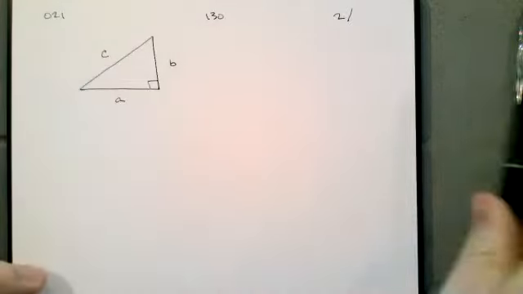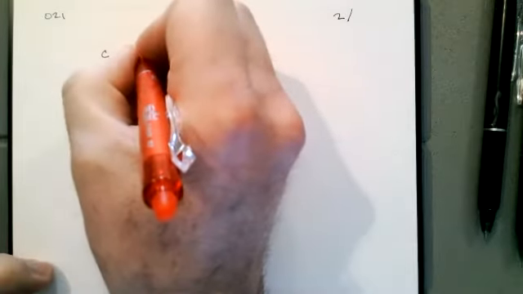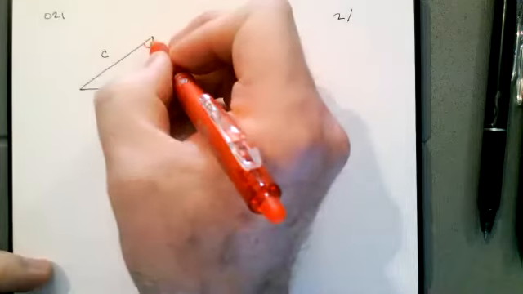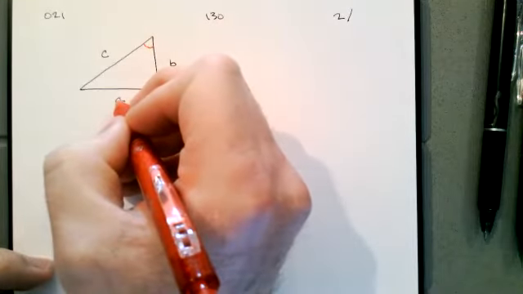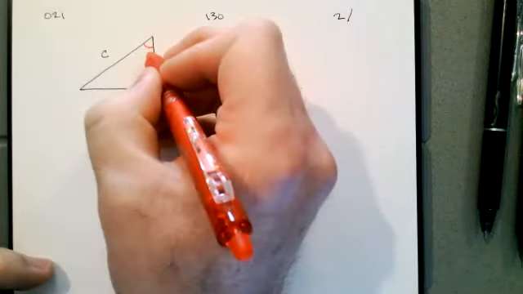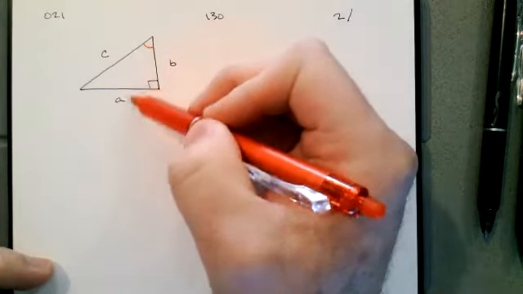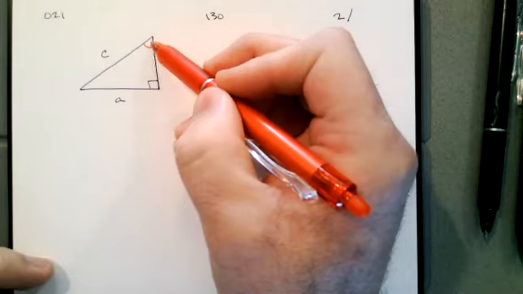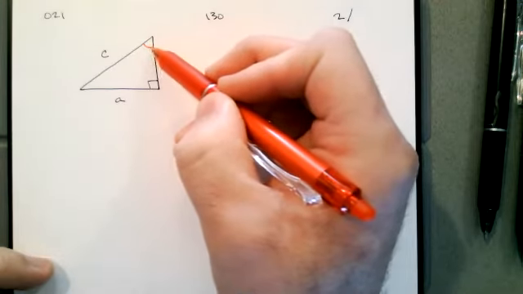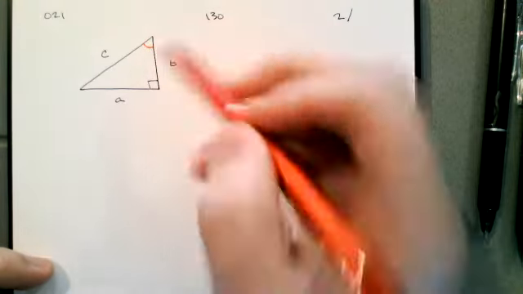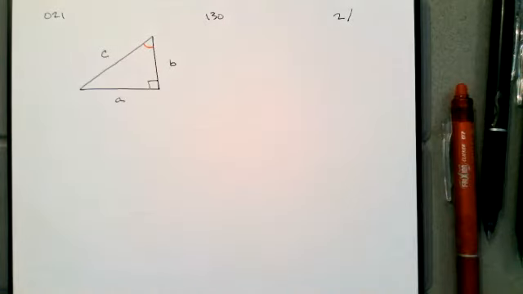So I'm going to label this angle in here, up at the top. This angle is opposite side A. So this angle is opposite side A. Because if we're standing in that angle with a hand on each of the legs that make up that angle, that's the side that we will be looking at.